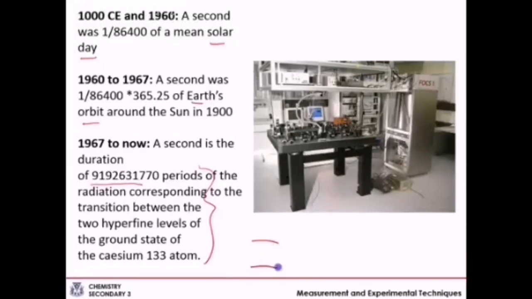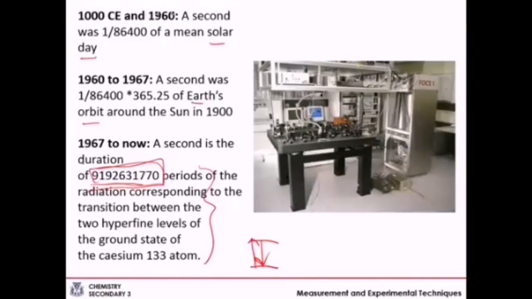So that is the latest definition of second. There were many complications in the earlier durations, and we have changed this definition. The correct definition is that the second is the duration of 91926317770 periods of radiation. So that's the basic definition of second.